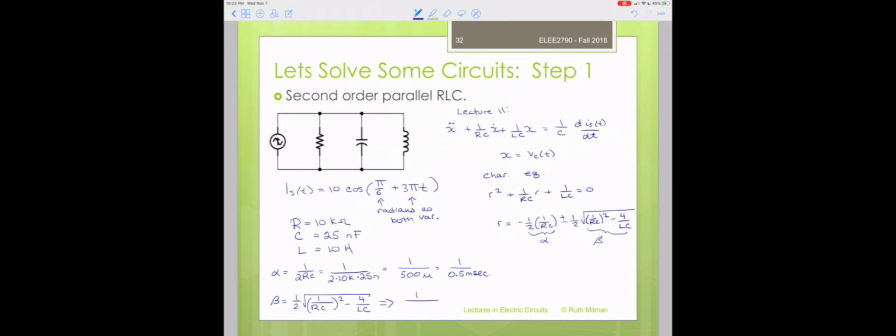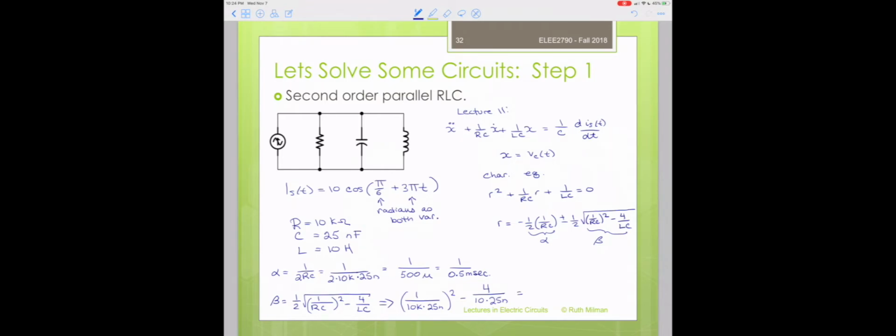We start with 1 over, R is 10K, and C is 25 nano. We're going to square that, and then subtract off 4 over, L is 10 henries, times C is 25 nanofarads.